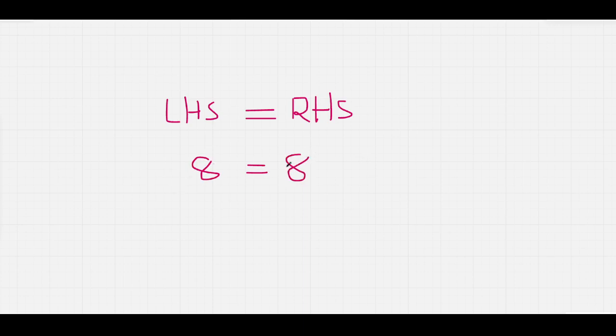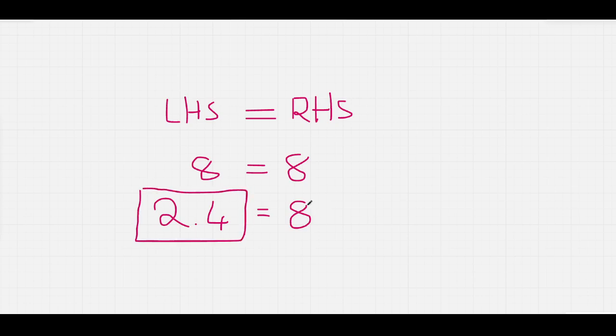This makes mathematical sense, right? But so does 2 times 4 is equal to 8. Okay, you agree with me? So we can see that our left-hand side, even though it's not exactly the same, it is equivalent to our right-hand side.